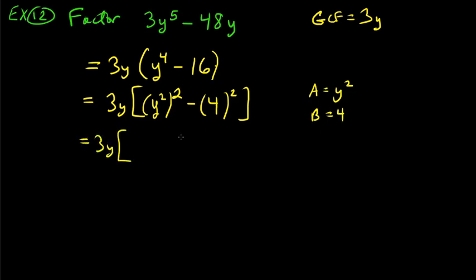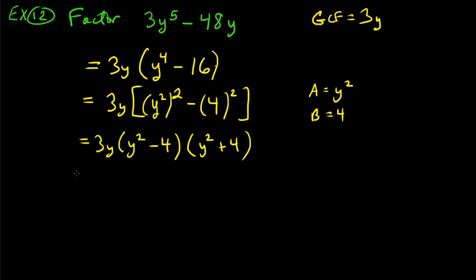So I can factor this as y squared minus 4 times y squared plus 4. Okay. And look, if you got that far, you're almost there, right? It's still not done yet, though.